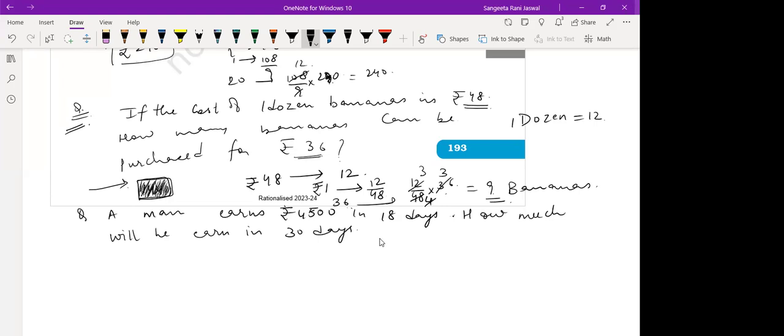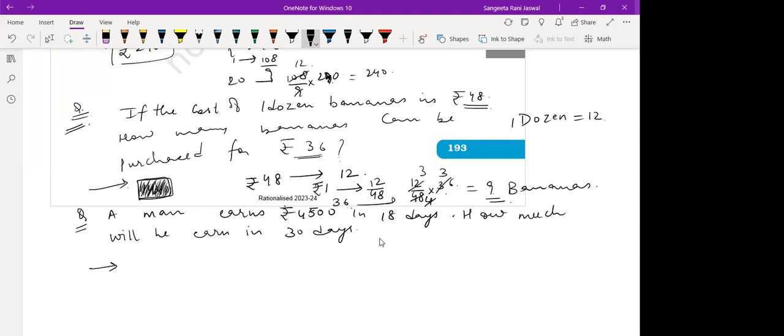Okay, now see this next question. A man earns rupees 4,500 in 18 days. How much will he earn in 30 days? Ma'am, I got the answer. Yes, tell me, Bhavesh. Ma'am, he will earn rupees 9,000. Okay, tell me what you will write first because I have to explain the question to everyone.